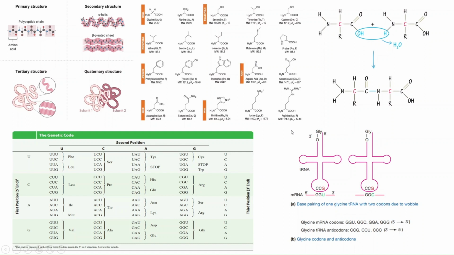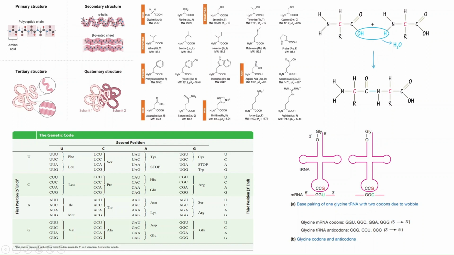So now we know that we have genetic code, we have amino acids. These codes bring in the corresponding amino acids, and finally at the end of the translation process, like this primary structure, we get a chain of amino acids that are linked together by peptide bonds. These in turn can take an alpha helical structure or a beta pleated structure.